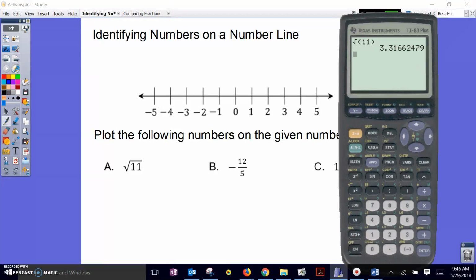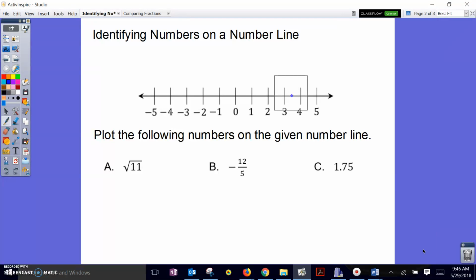And so I find a decimal approximation. It's 3.31, etc. So that's going to be between 3 and 4. It's less than 3.5, so it's going to be a little closer to 3 than it is to 4. And so we're just going to roughly plot the square root of 11 right about here on our number line.